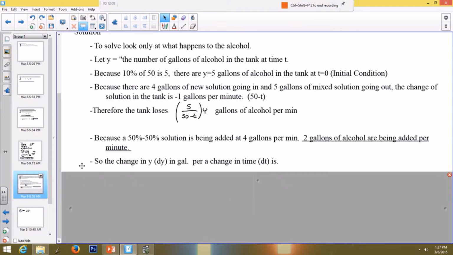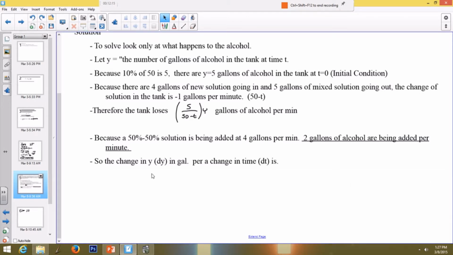So the change in y, dy, in gallons per a change in time, dt, that's what we're looking for, we can say that dy over dt, the change in the amount of alcohol in the solution, is the amount going in minus the amount going out.